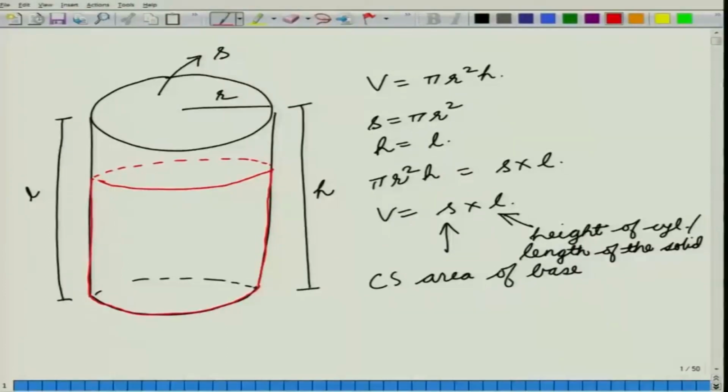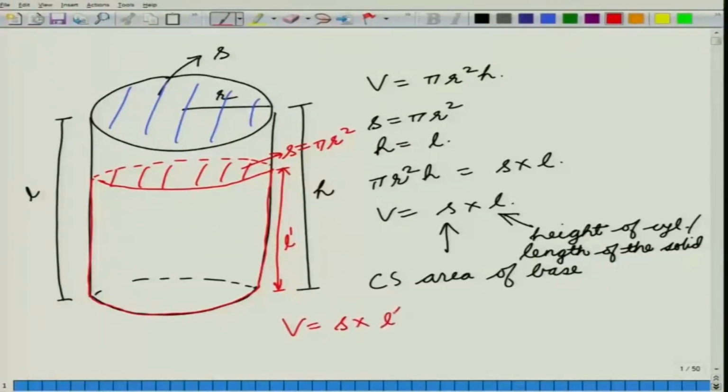If we wanted to calculate the volume of this frustum of a cylinder, then also we could use the same equation, because this section and this section both are parallel circles. So, the cross sectional area S will also be equal to pi r square, and now we can compute it for another length, let us call it L bar. In this case the volume will be given by S into L bar.